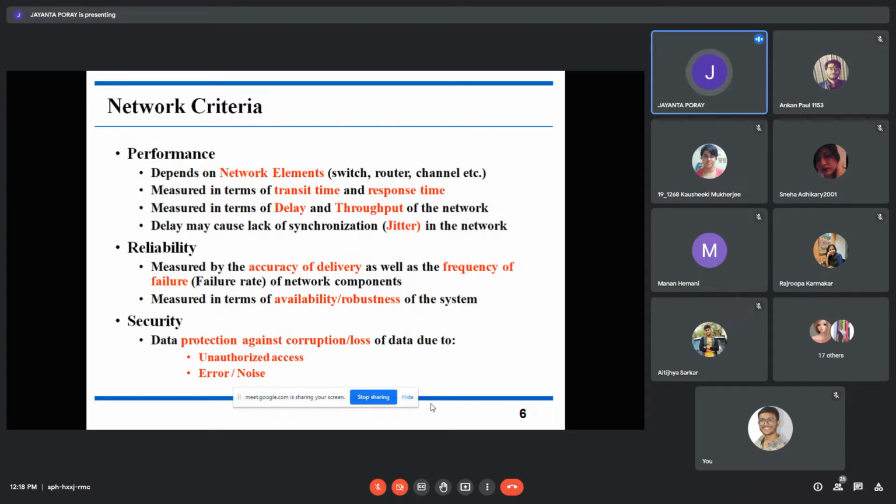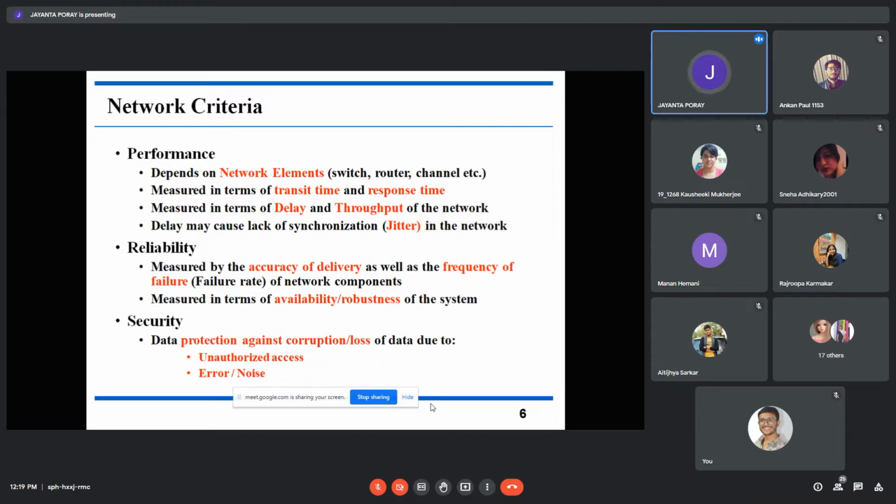Okay. And what is jitter? I think everyone knows this. At least EC students must know it. What is this jitter? That is the lack of synchronization in the network. For example, what is sent from the sender, the receiver should get in real time. Therefore, there should not be some synchronization problem between the packets, or inside the signal.